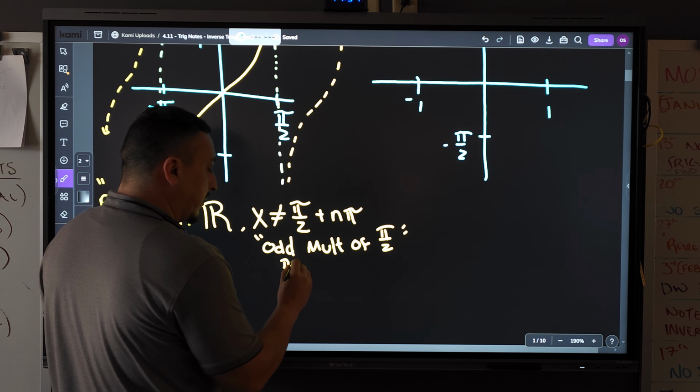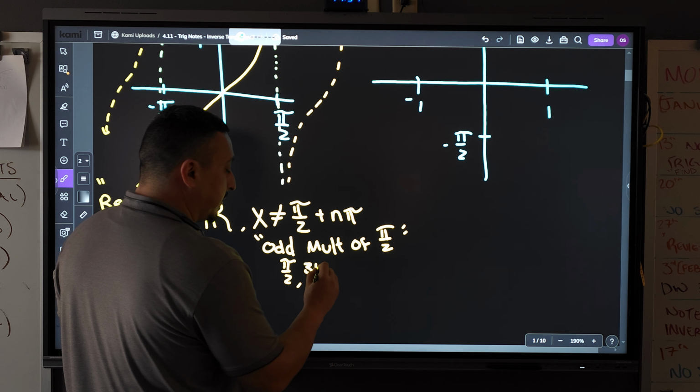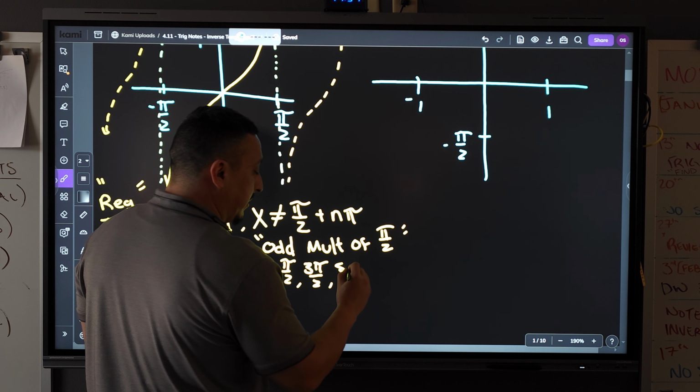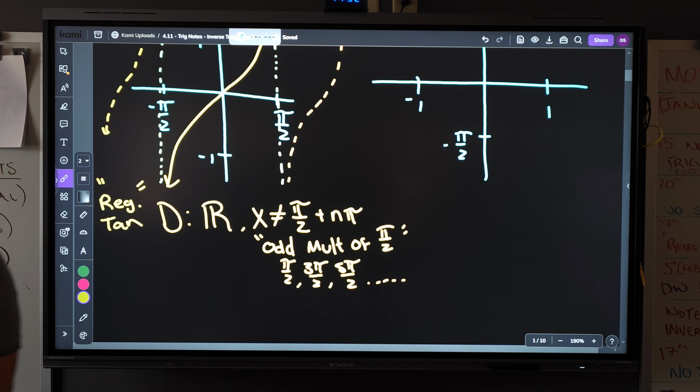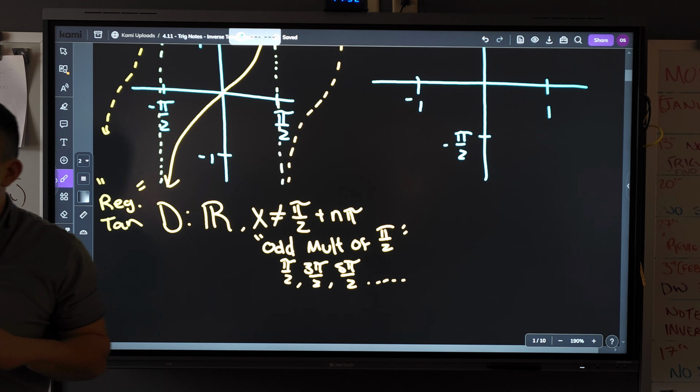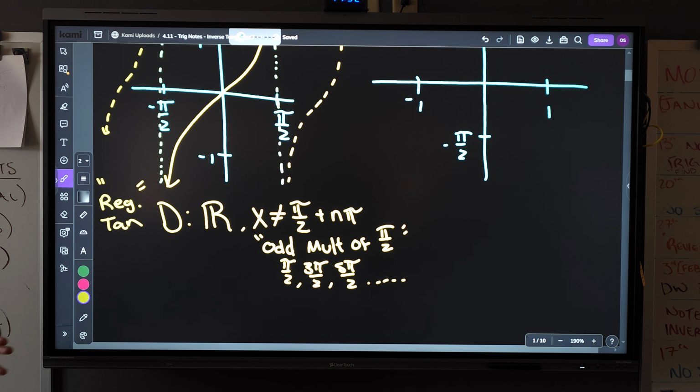Like pi over 2, 3 pi over 2, 5 pi over 2, 7 pi over 2, 9 pi over 2. That's what we mean by odd multiples. So it's all the numbers except for where the vertical asymptotes are located. Is that clear, guys, so far? Are we on the same page?